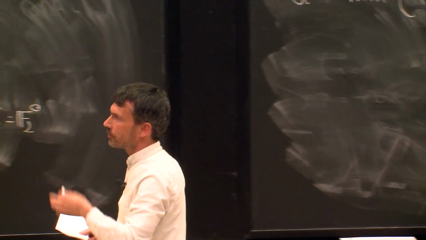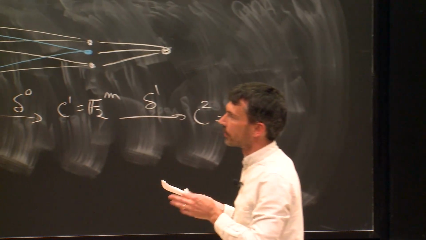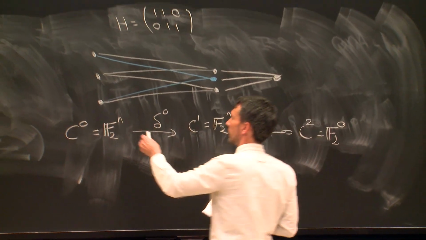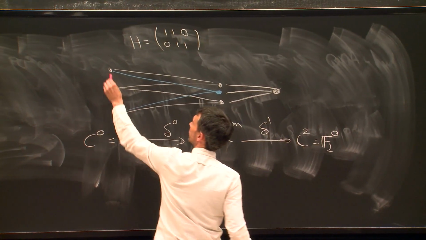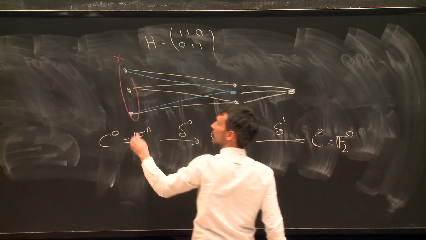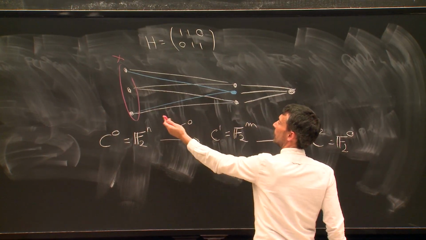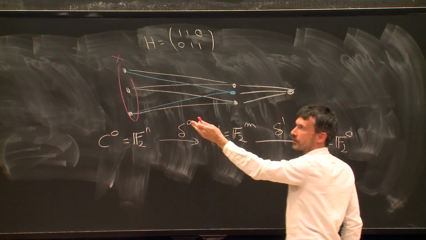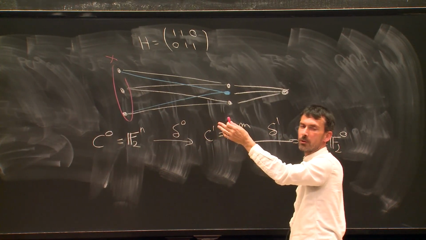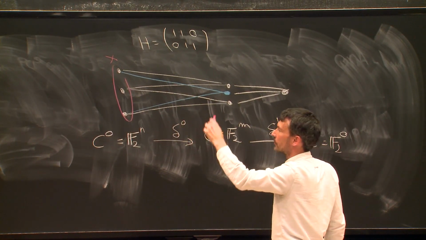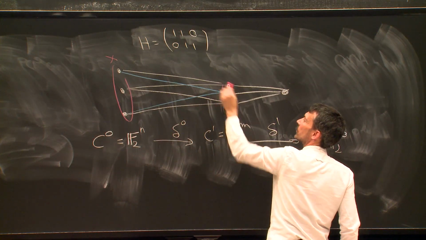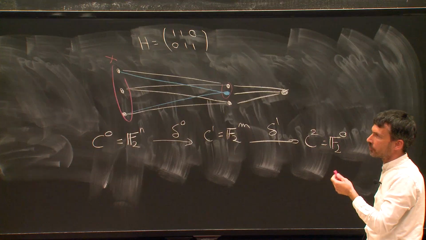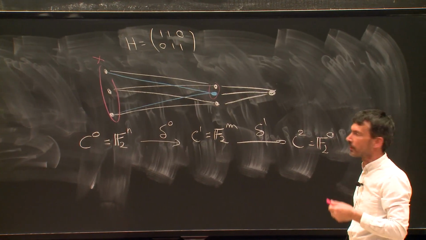A natural strategy to adopt, though not the only possibility, is this: you take a word, an x which is situated here, some element of this space, and when you compute this map delta 0 forward, then you know that the number of parity checks that is not satisfied is small. If it's large, then the inequality is true. So let's assume that it's small. So maybe there's just a couple parity checks that are lit up. And your goal is to show that this x is close to the code space.